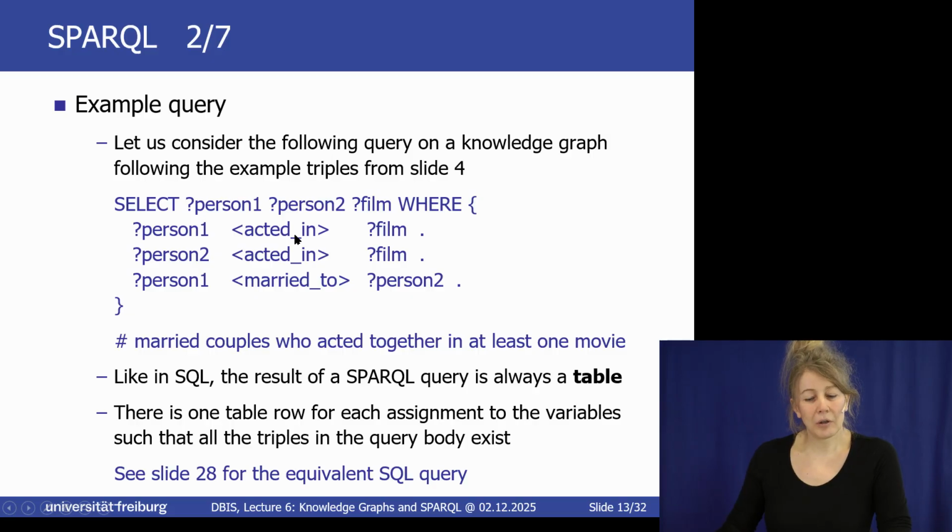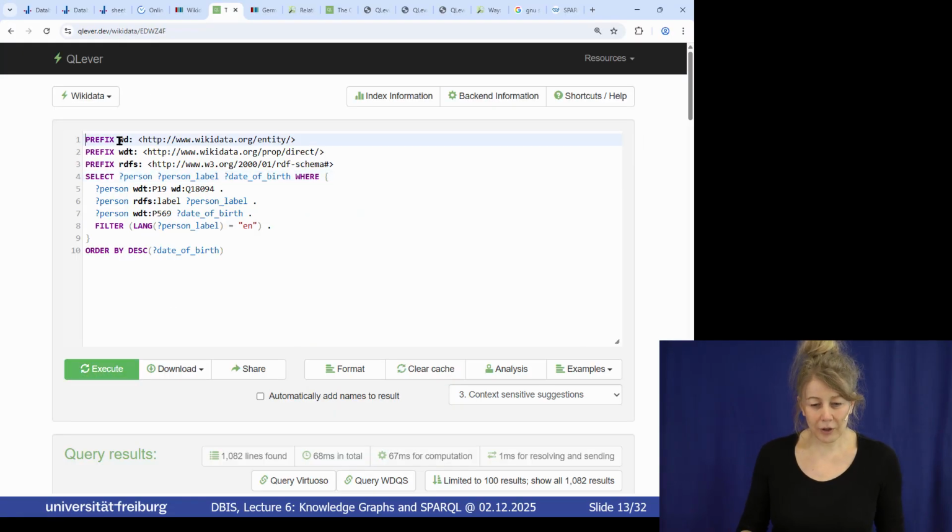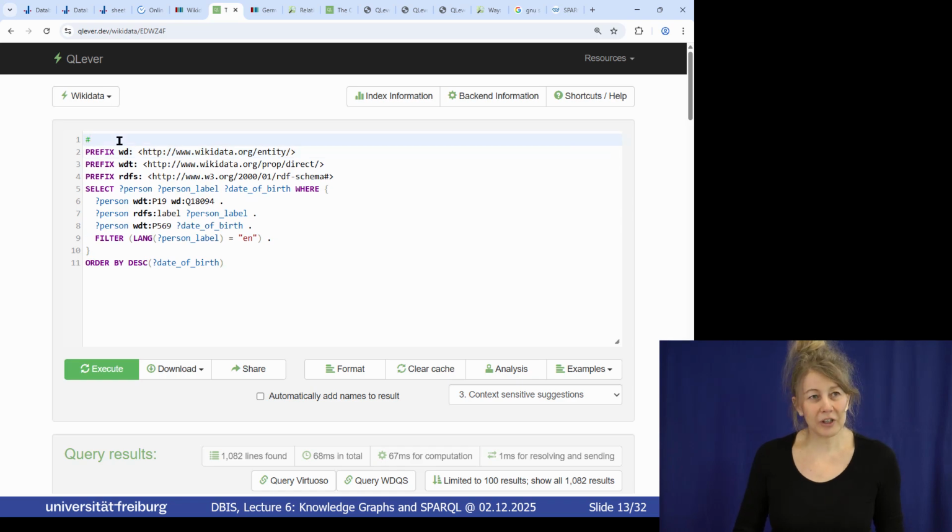Here we have to read first, okay, what does it mean? Usually we can use comments and say, look, below there are married couples who act together, but it's possible to use, like in a programming language, something to say what this means. I mean, this is why this comment sign, you can just put it in the query, if that answers your question. But you're not talking about just putting a comment.